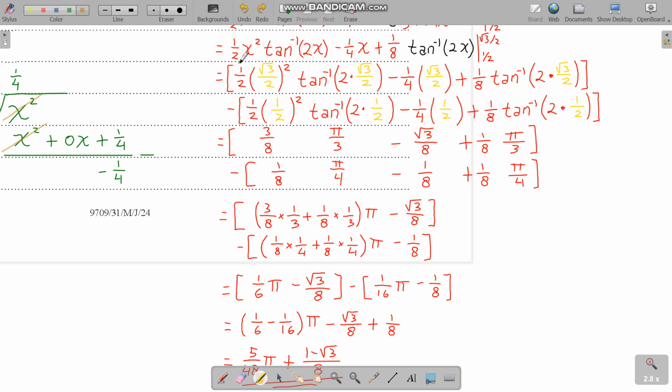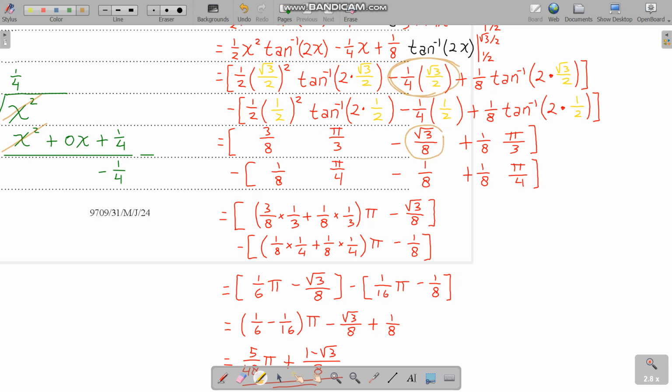So you have to do the calculations by chunking, one small calculation at a time. Here you can do this part first using a calculator. You will get 3 over 8, and use this in the calculator, you will get pi over 3.